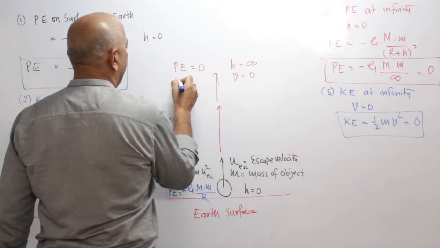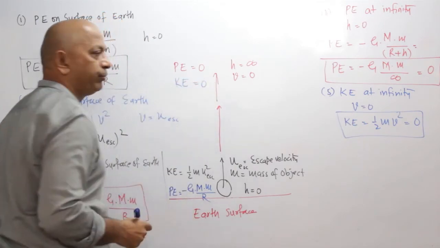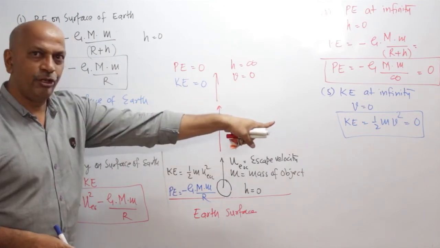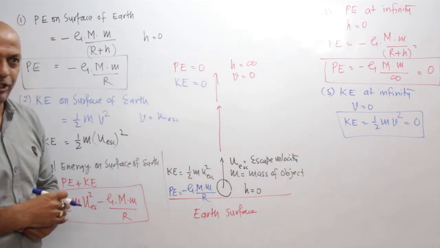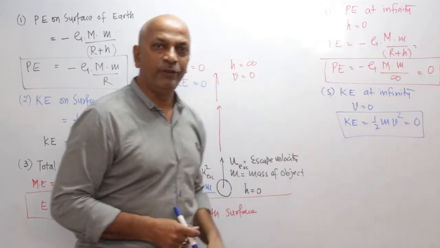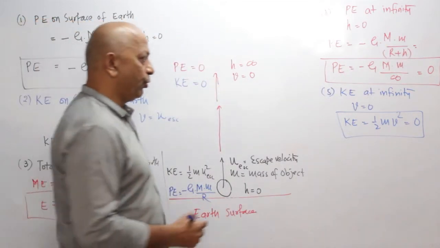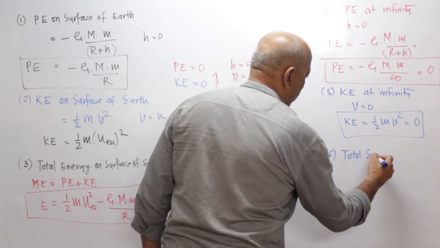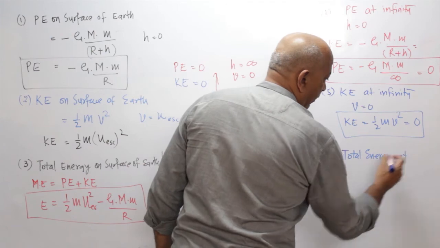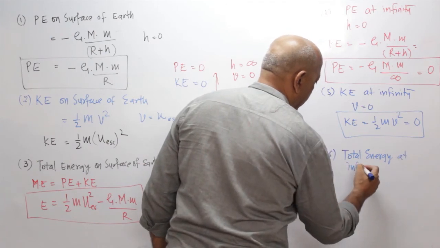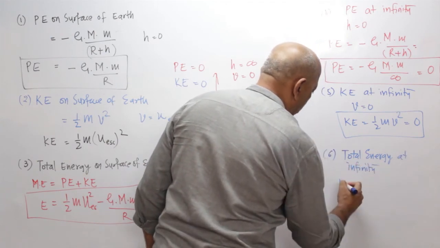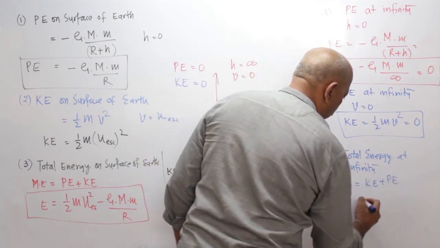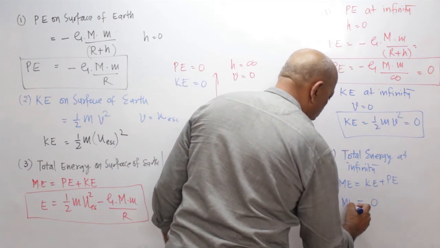At infinity, P is equal to 0 because the denominator becomes infinity. And the total energy at infinity, that we call the mechanical energy, is equal to KE plus P, and that value is equal to 0.